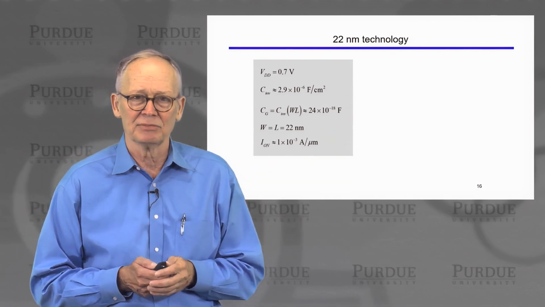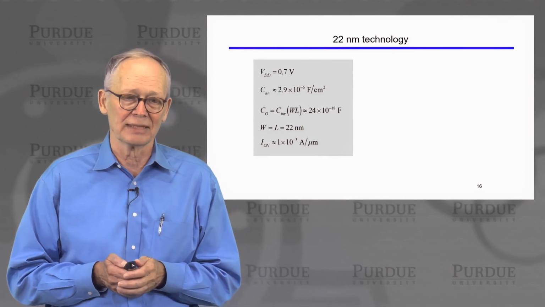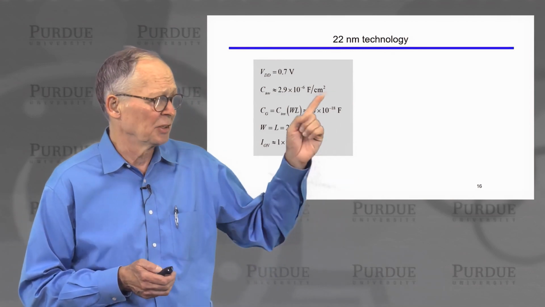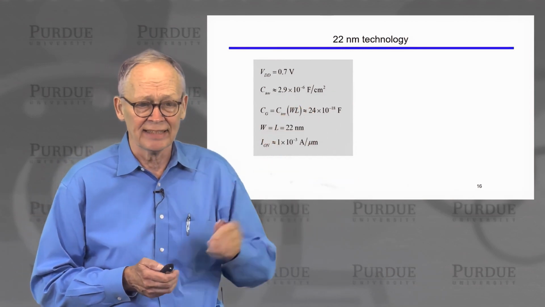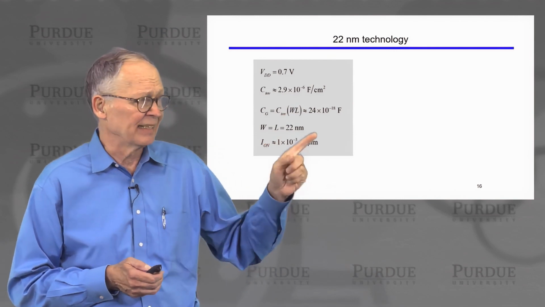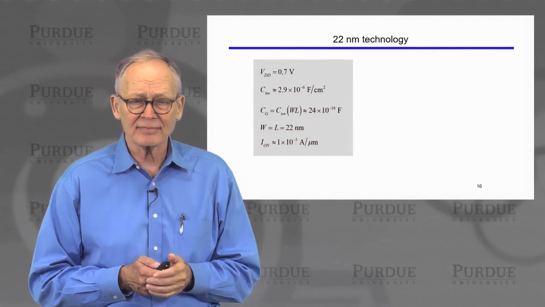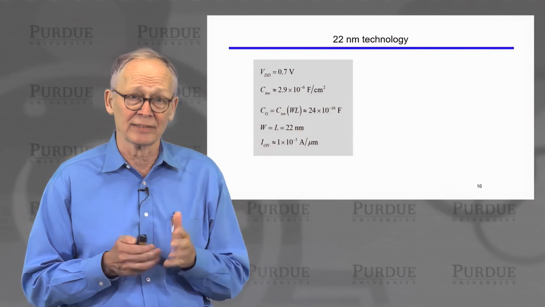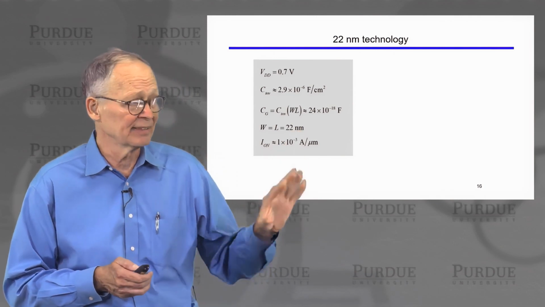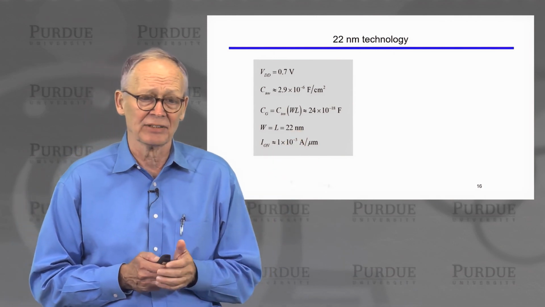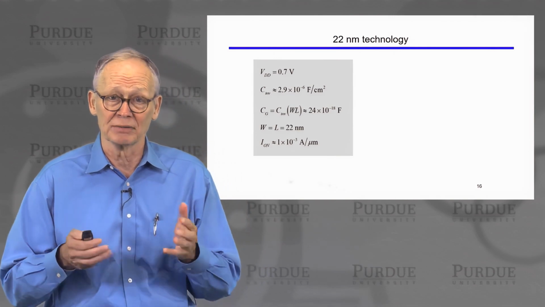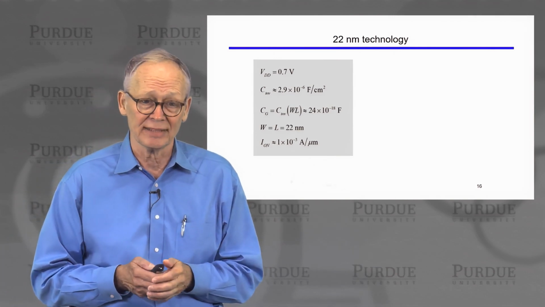Here are some approximate numbers for 22 nanometer technology for the power supply voltage, the inversion capacitance, the gate capacitance. Then I'll assume that the width and the length are as small as they can be, 22 nanometers. I'll assume an on current of 1 milliamp per micrometer, which is pretty typical of modern day devices.